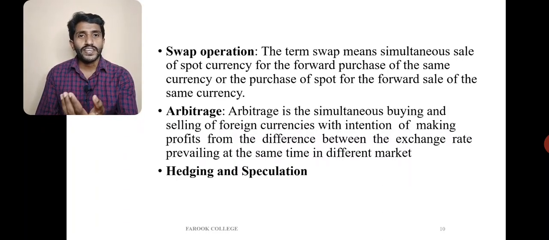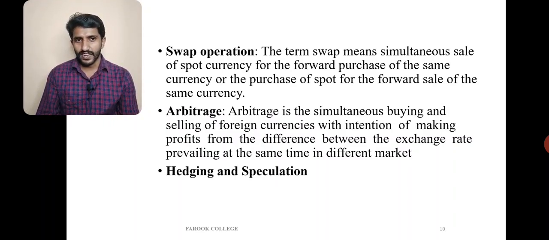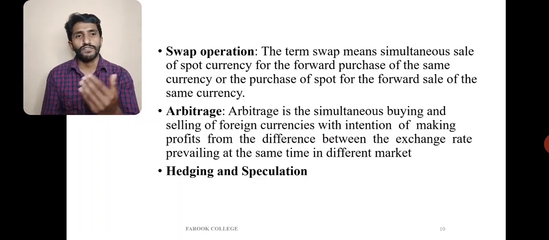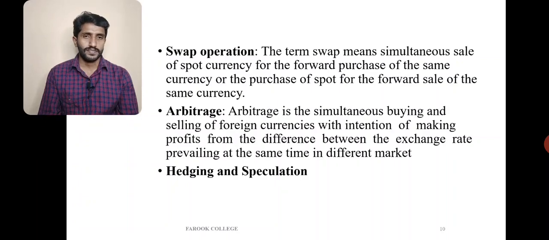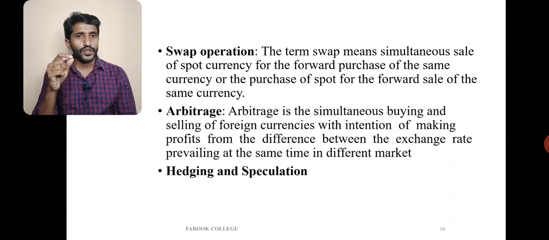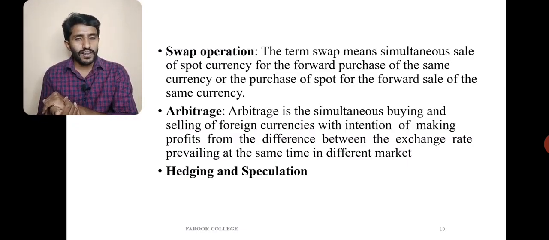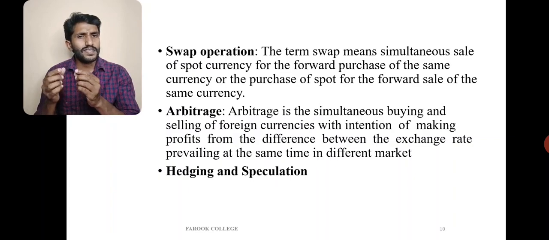Then arbitrage. Arbitrage is also simultaneous buying and selling of foreign currency, but with the intention of making profit from the difference between the exchange rates prevailing at the same time in different markets. Suppose you have noticed the exchange rate of dollar in India is $1 equal to 63 rupees, and in another market there are some differences in the exchange rate.